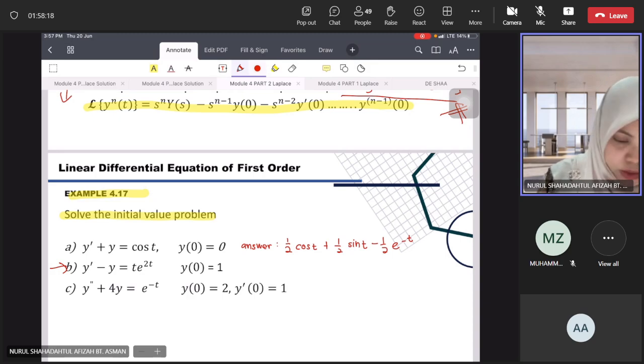So this is the answer for question A and C. I'll only show the example 4.17b.